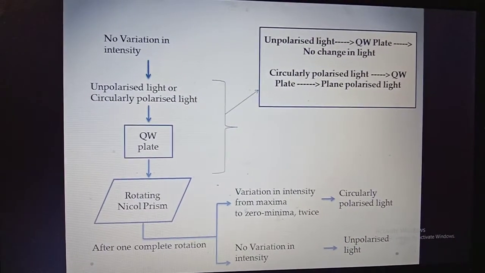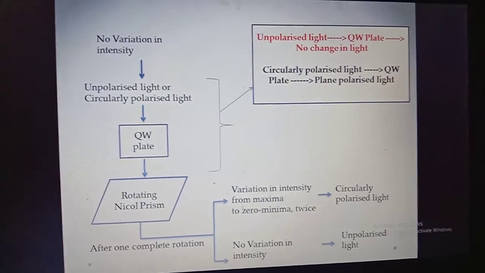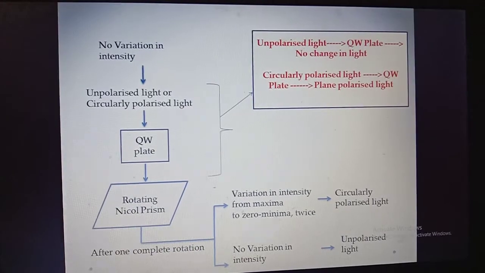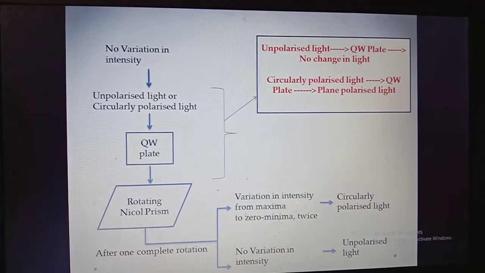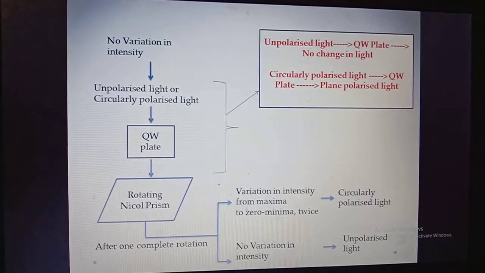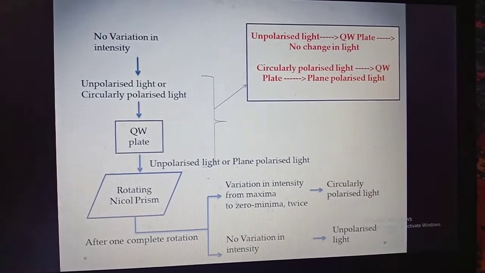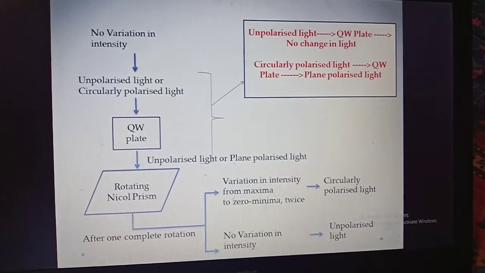If unpolarized light is incident on a quarter wave plate, there is no change in the light, and if circularly polarized light is incident on a quarter wave plate, it is converted into plane polarized light. So when the incident light passes through the quarter wave plate, unpolarized light remains unpolarized light and circularly polarized light is converted into plane polarized light.